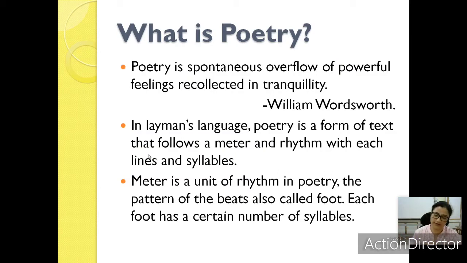For example, the small kids' rhyme: Twinkle twinkle little star, how I wonder what you are, up above the world so high, like a diamond in the sky. There was a rhyming pattern going on. That is what poetry is.